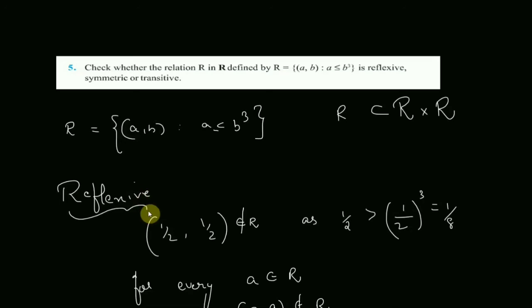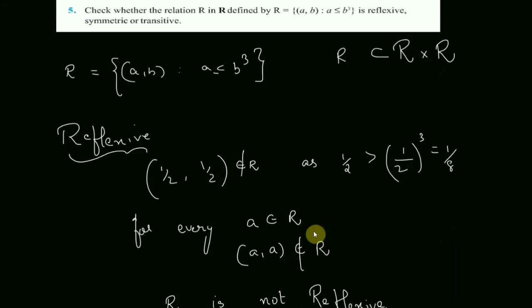Is it reflexive? It is not. What is the condition? The first element should be less than or equal to b cube. For example, I am taking a fraction, 1 by 2. Any such fraction does not belong to R, because if you cube the second element 1 by 2, it will become 1 by 8. 1 by 2 is greater than 1 by 8, but the condition is that it should be less.